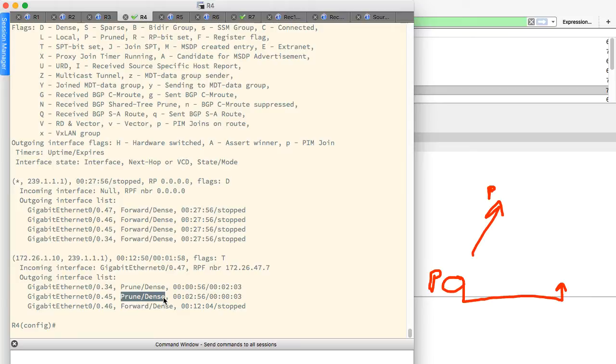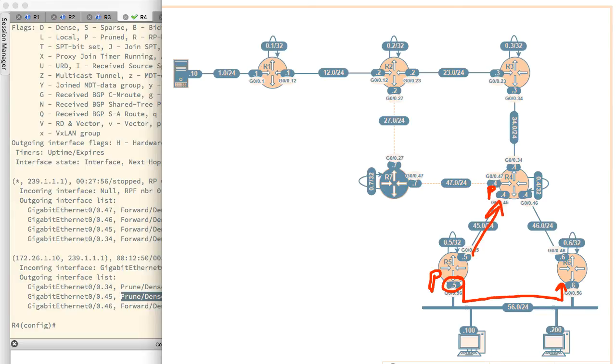Now, sometimes, especially in cases like CCIE labs, they may ask you to change the designated forwarder here. If you just follow the regular path, the designated forwarder almost always is going to be R6. So this is going to be the DF by default. What if you wanted to make R5 the DF?